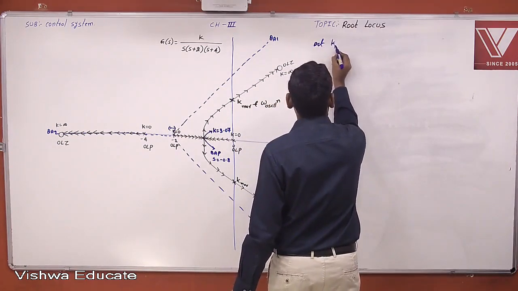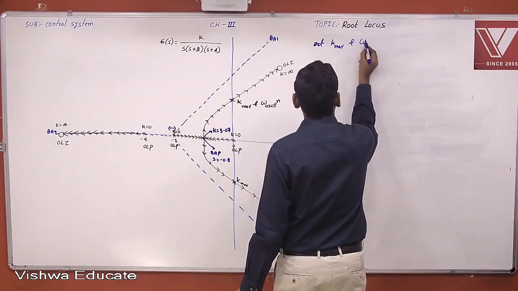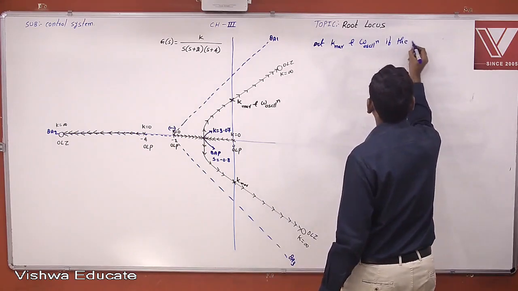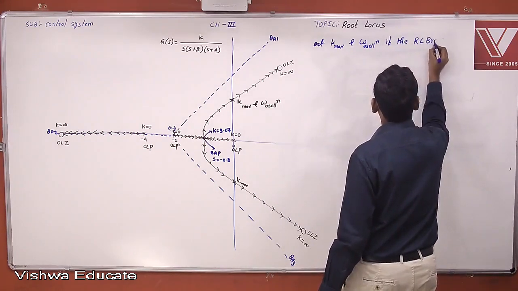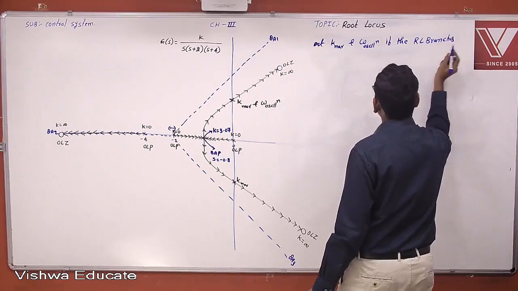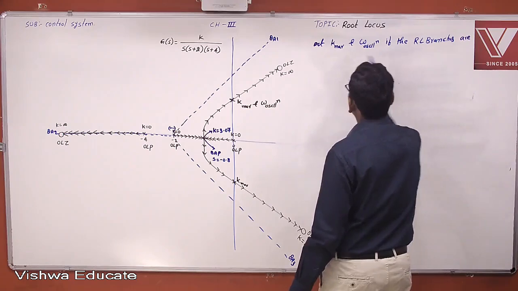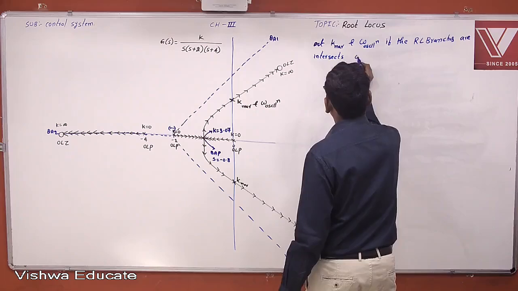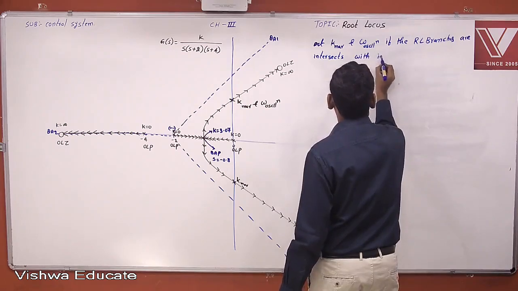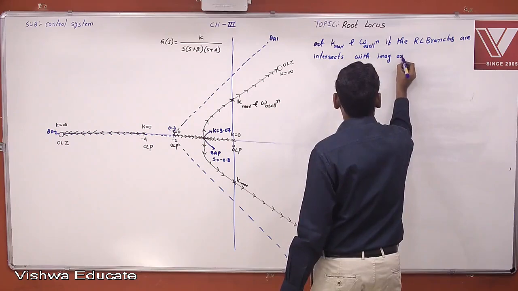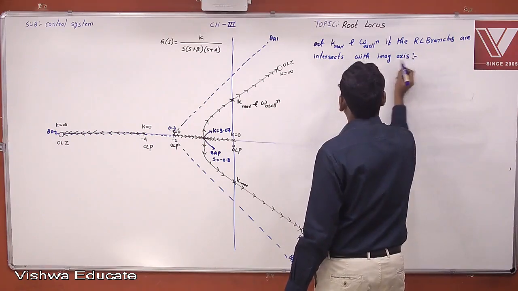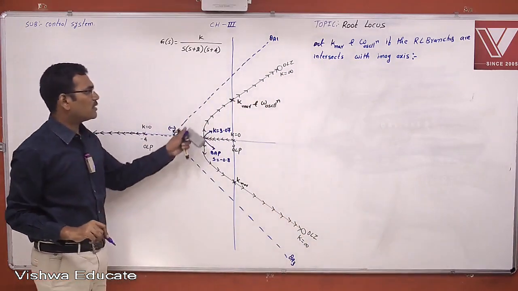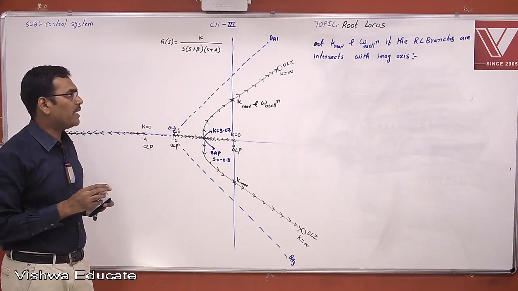Determine the K margin and frequency of oscillations if the root locus branches intersect the imaginary axis.